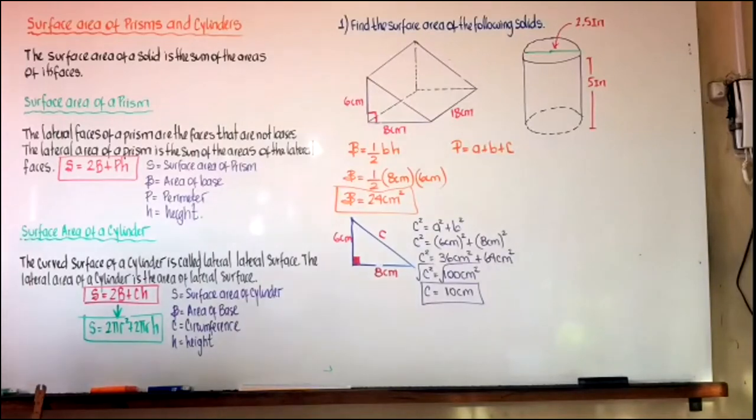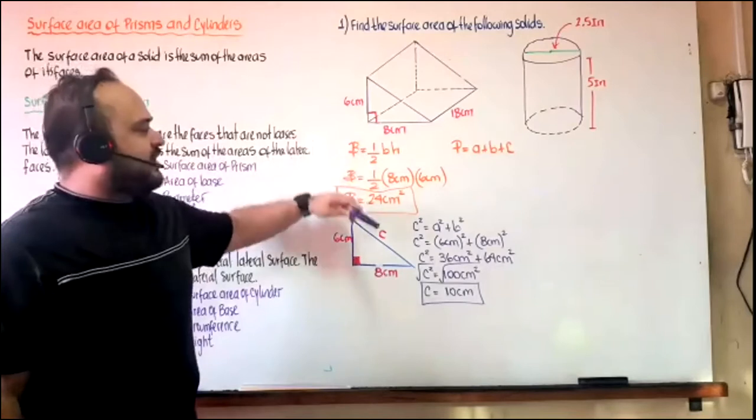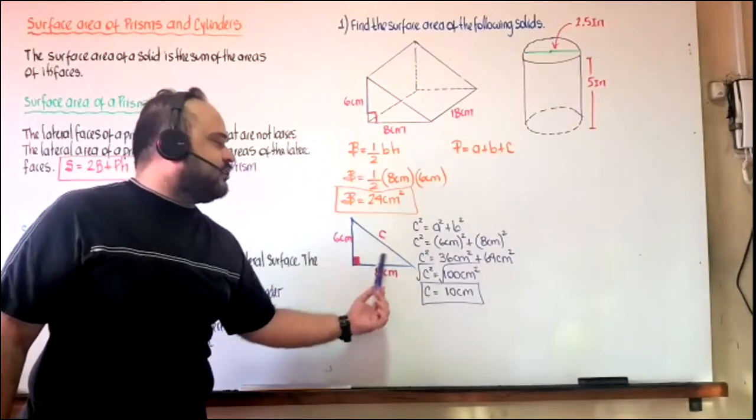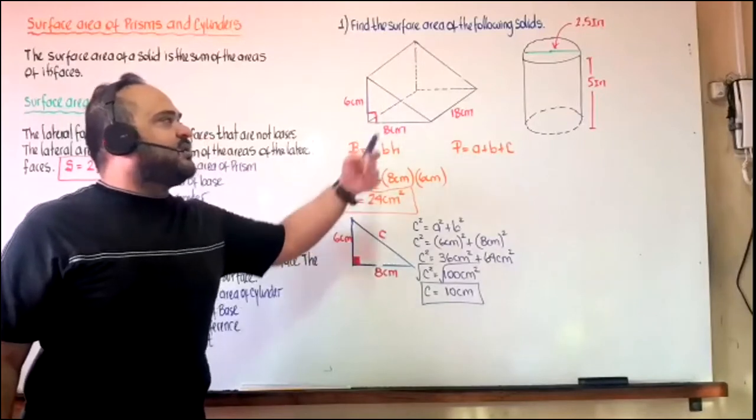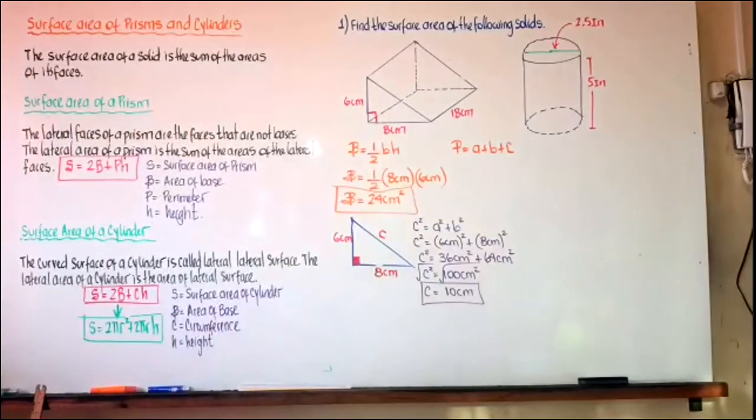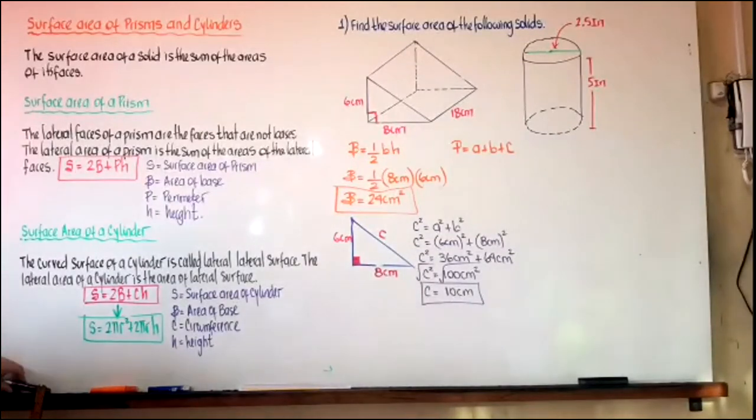But because we are applying this theorem to look for dimensions of geometric shapes, that's why we are taking only the positive values. All right. So we finally found the letter C.